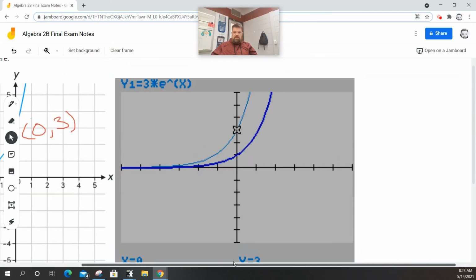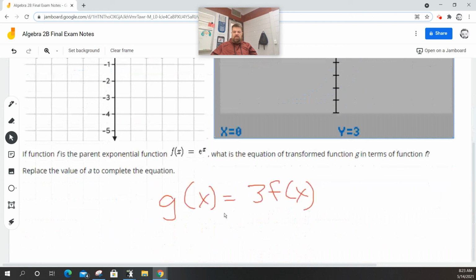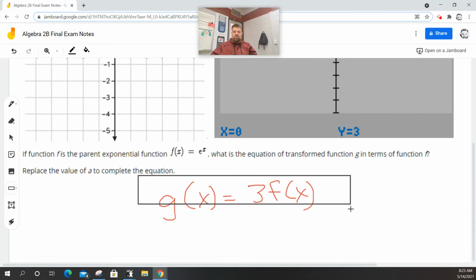When you look at them side by side, the light blue line is g of x, and this is f of x, the dark blue line. So that's the correct answer. g of x is equal to 3 times f of x.